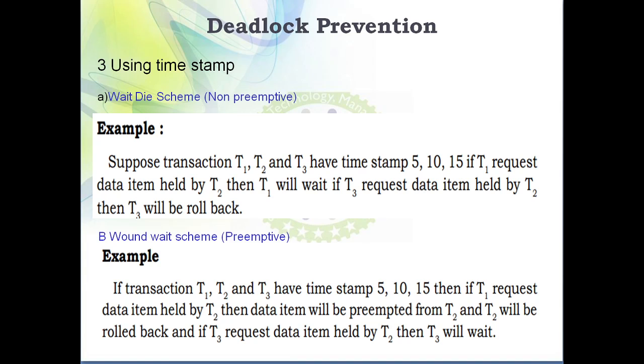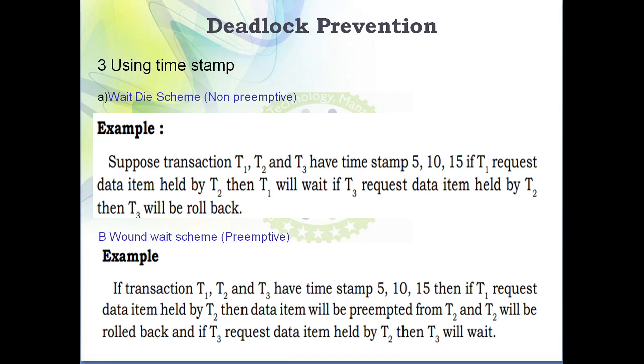That means T1 is making a request to T2, then T2 will be preempted, the data item will be taken from T2, T2 will be rolled back, and that resource will be assigned to T1. This is called a wound. And suppose T3 is making a request to T2, then T3 has to wait for T2 to complete its execution. So that's why this is called the wound-wait scheme.